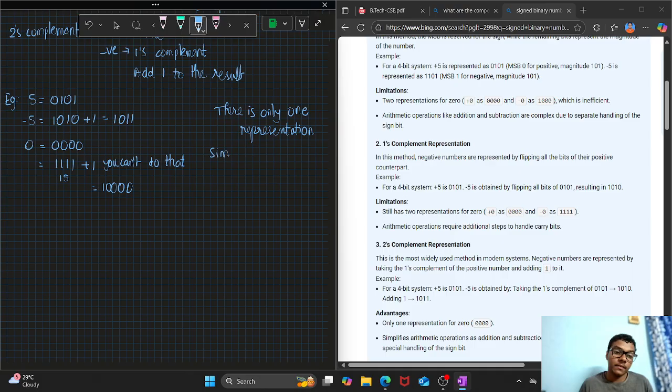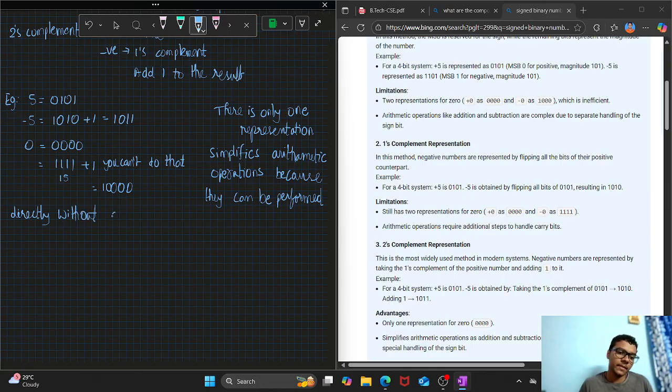And it simplifies arithmetic operations because they can be performed directly without any special handling of the sign bit.